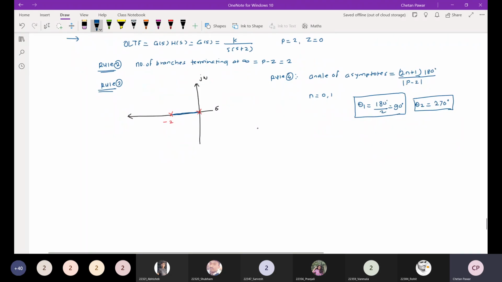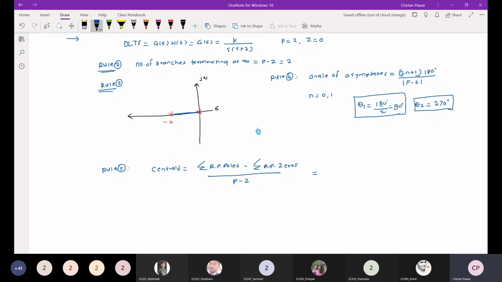Then rule 5, we need to find the centroid where two asymptotes meet. The centroid is the summation of the real parts of poles minus the summation of the real parts of zeros, divided by the number of poles minus the number of zeros.